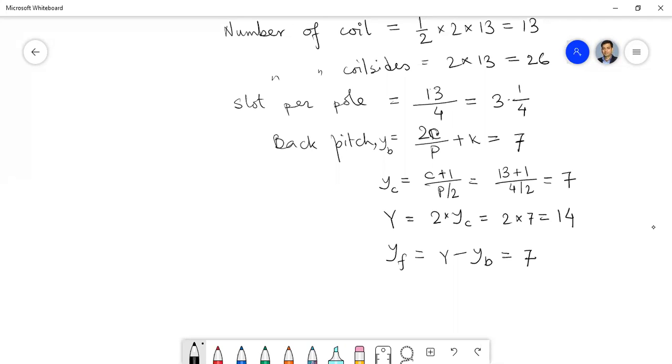So then the commutator pitch is important, but as far as the winding table is concerned, only the coil sides are written there. There you need only the back pitch and the winding pitch. So let us start the winding table. You just start.